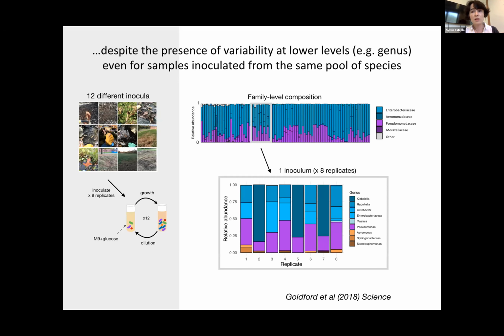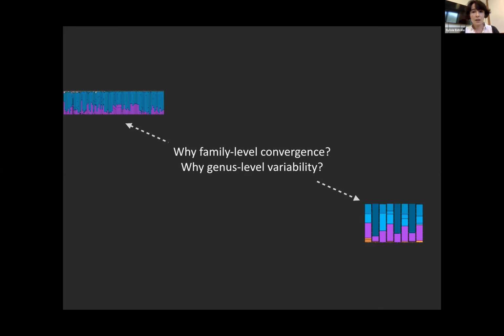And this occurs despite a substantial variability at lower levels of taxonomic organization, such as the genus level shown here, and even for samples that were inoculated from the same species pool. And so this shows us that with experiments done in these simple and synthetic environments, we observe similar patterns as the ones observed in the natural and more complex environments I showed you before.